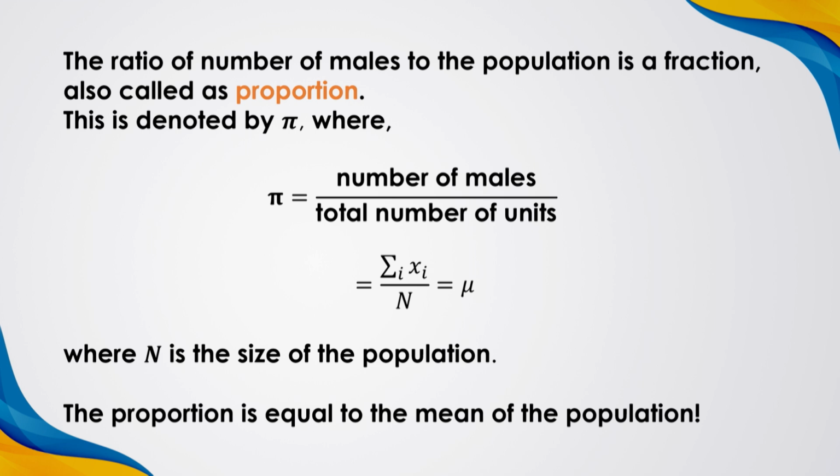Mathematically, this is equal to the summation of xi over i divided by the total number n, which we denote by mu. This proportion is equal to the mean of the population. By coding the units as a dichotomous variable and summing, we get the mean of the population. So, this is the idea connecting the mean and proportion.